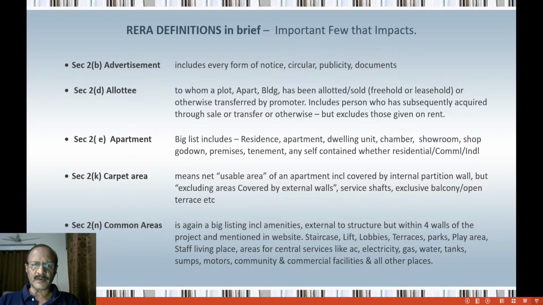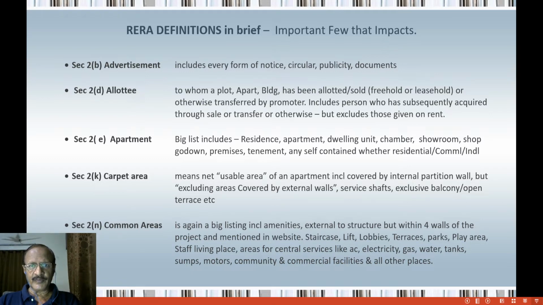Now let us get into the details of the other definitions. Advertisement, that's what is mentioned here. What does advertisement mean? It means any document described or issued as advertisement, in any medium.